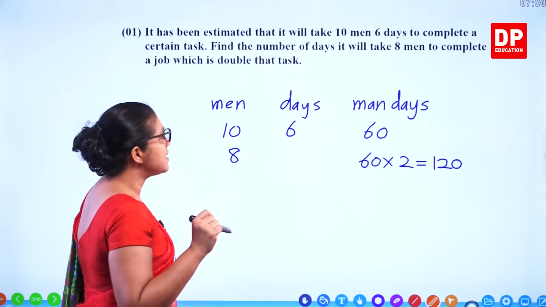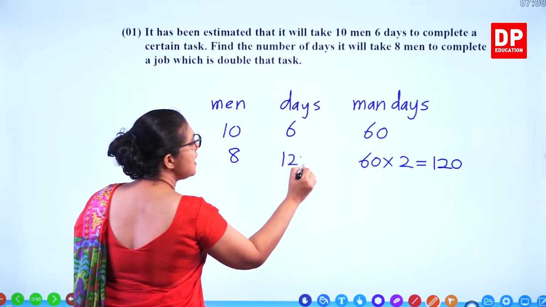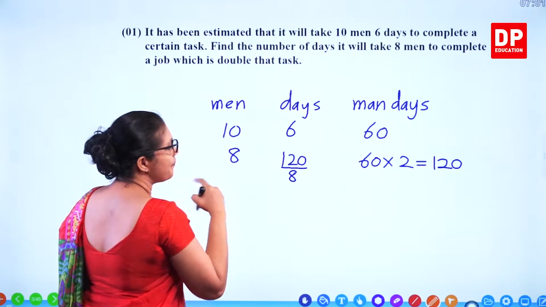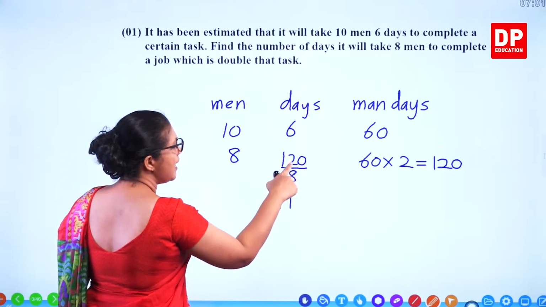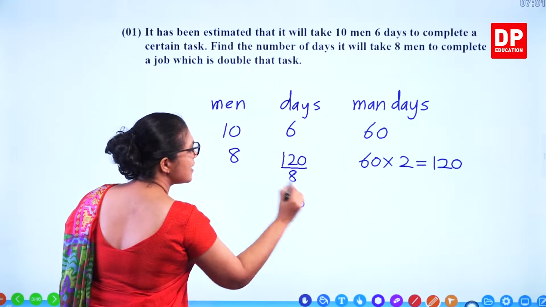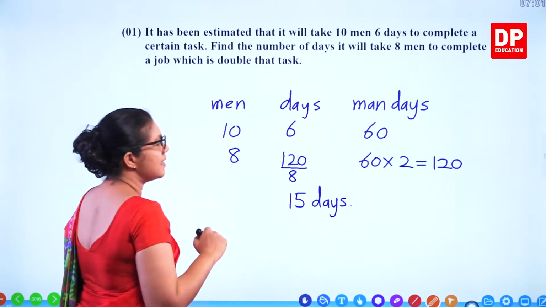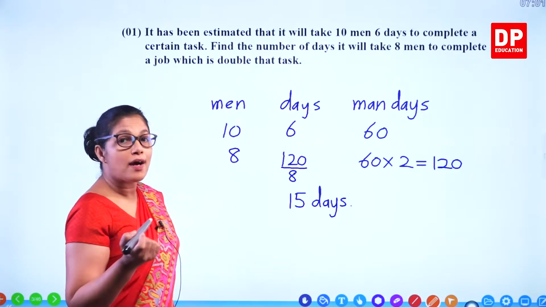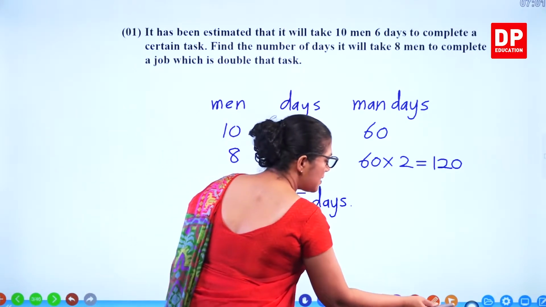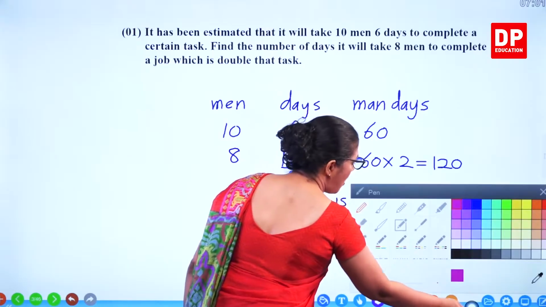How many days needed? 120 divided by 8. 8 times 1, 8, for 40, that's 5. So 15 days needed.